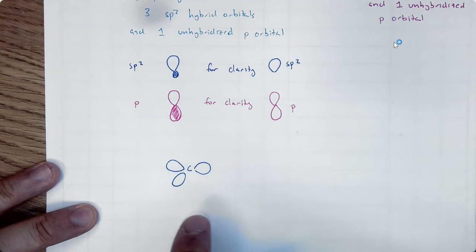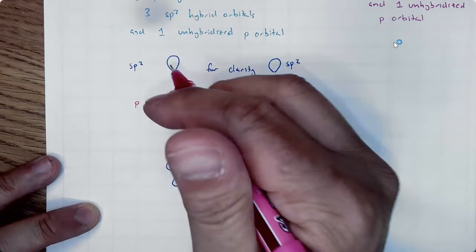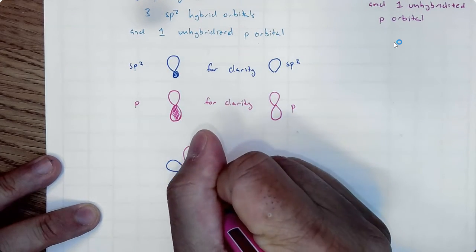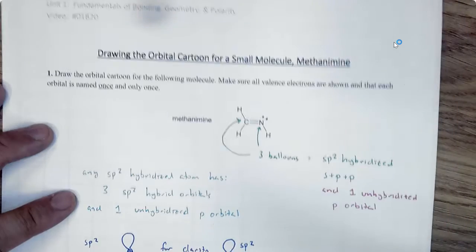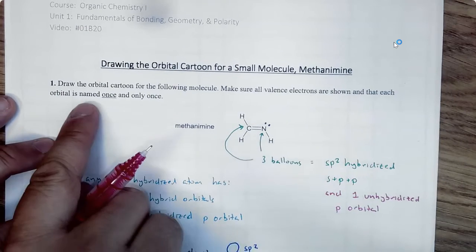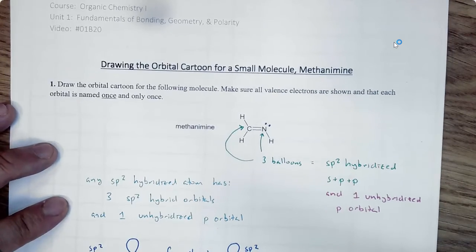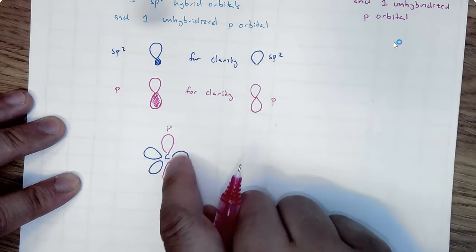And those are sp2 orbitals. We have a p orbital, and that is perpendicular to your 3 sp2 orbitals. Now, when I said label or name, one name per orbital, what I mean there is that this is a p orbital, and it accounts for both lobes.